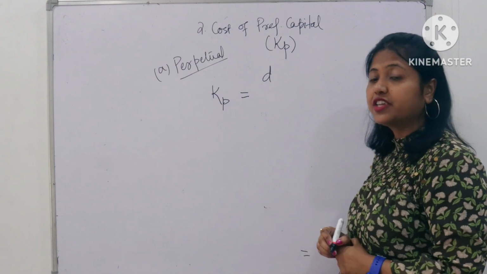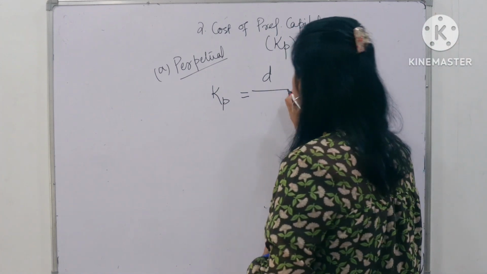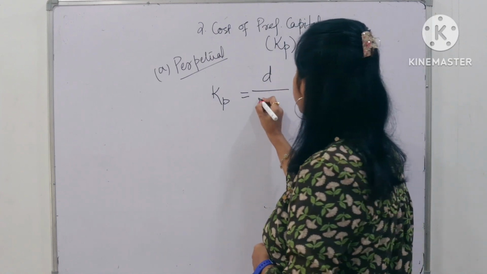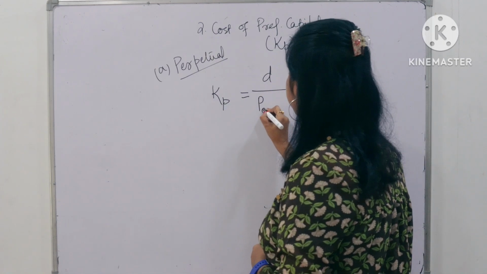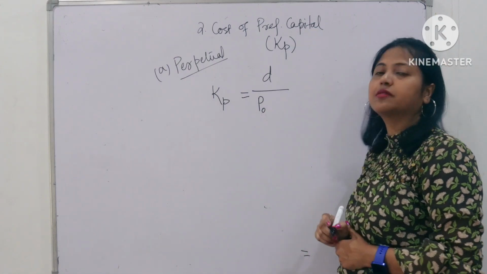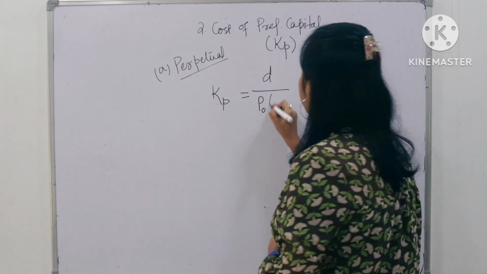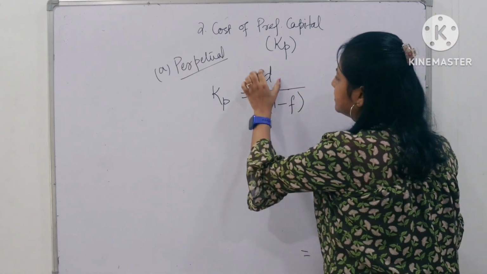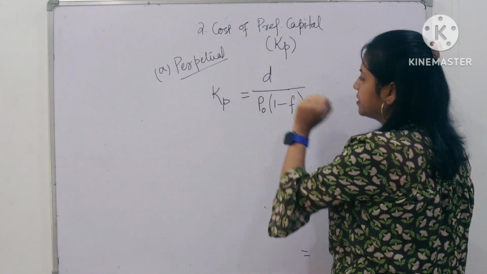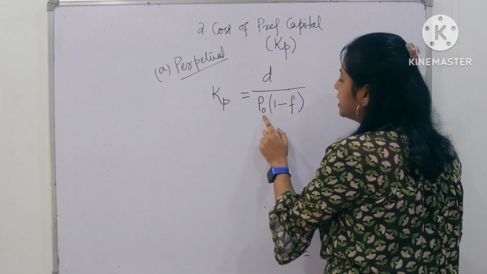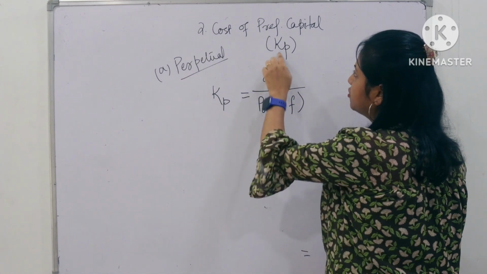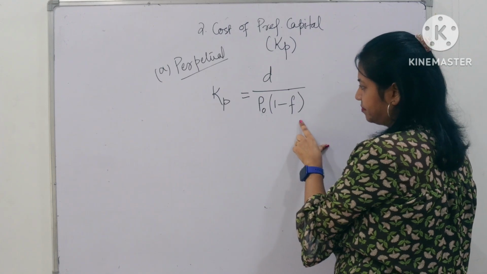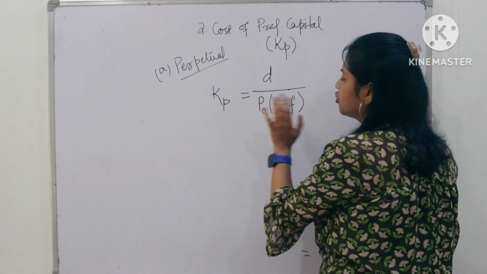D means how much dividend this preference capital is expected to pay, divided by P0, the expected price of this preference capital, and we have to deduct the flotation charge from this. So this becomes the cost of preference capital.